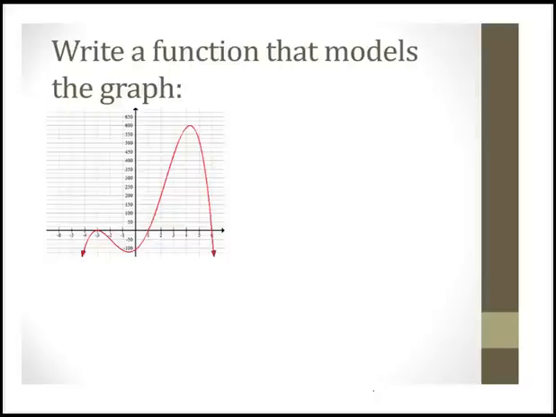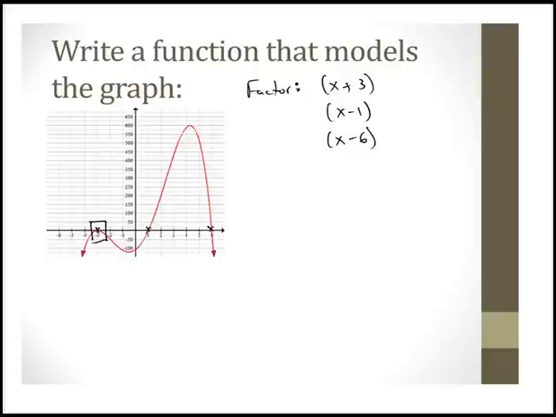Now here we see this graph, and I see 3 x-intercepts at -3, at 1, and 6. So I immediately know that I have factors of x minus negative 3, so that's an x plus 3, a factor of x minus 1, and a factor of x minus 6. Notice that near negative 3, it passes through.